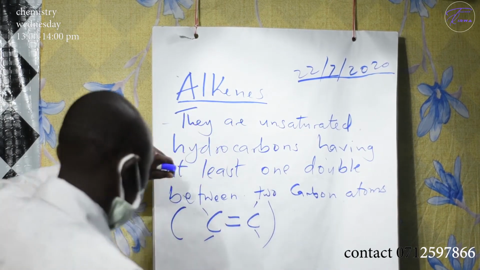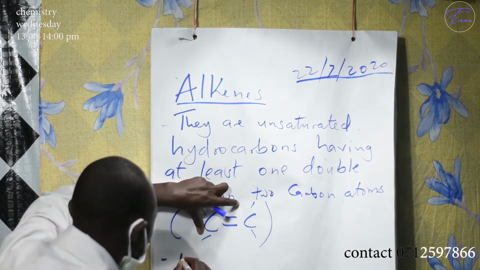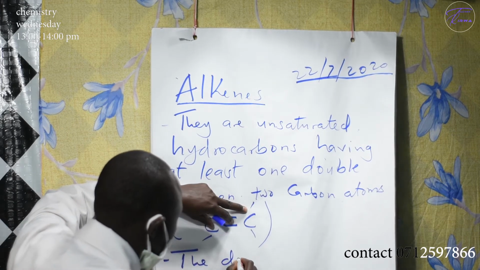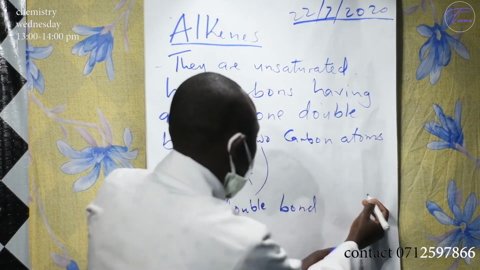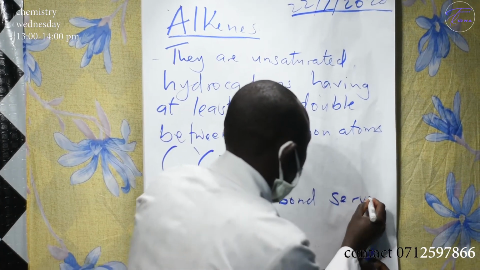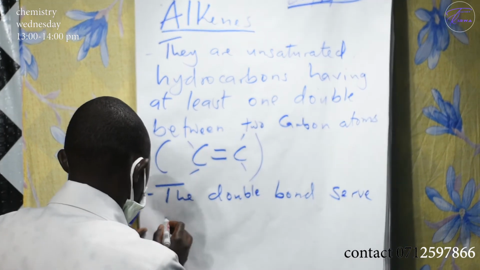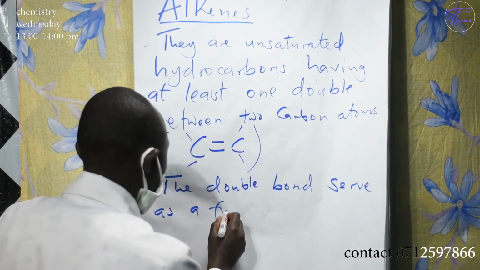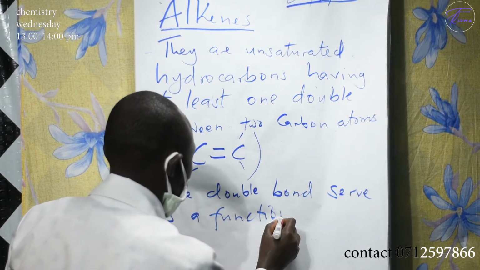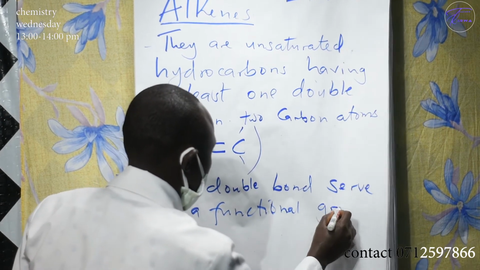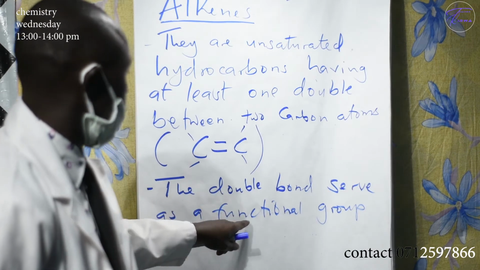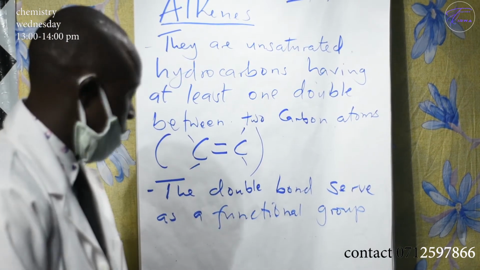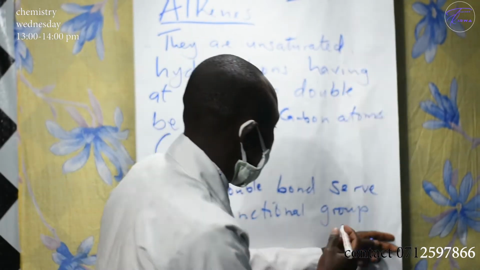Now, the double bond serves as a functional group. So this double bond here is referred to as a functional group. Maybe we can define a functional group.